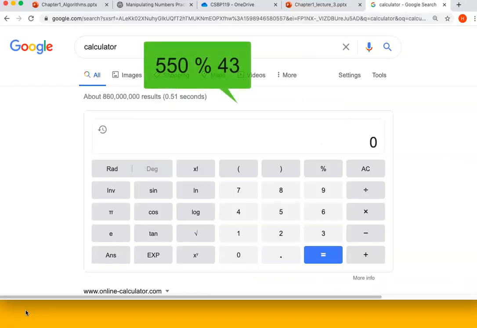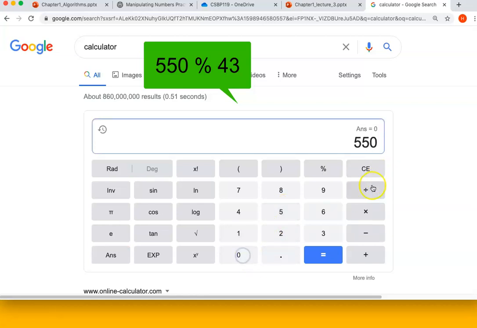Let's say you want to calculate 550 mod 43. Using your calculator, you can first divide 550 by 43, which gives you 12.7. Now ignore everything after the decimal point, so take 12 as the answer.